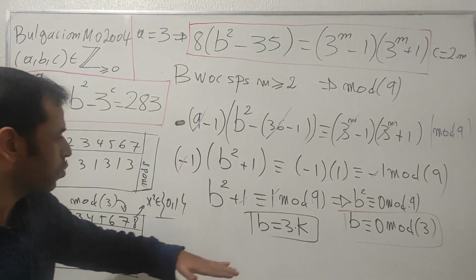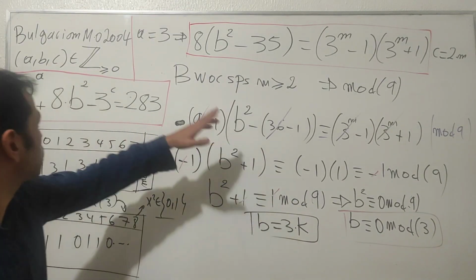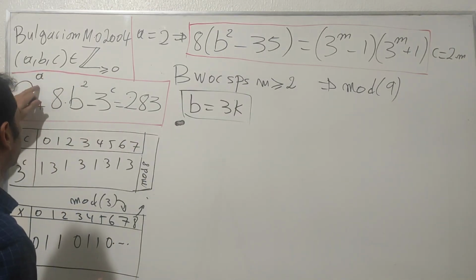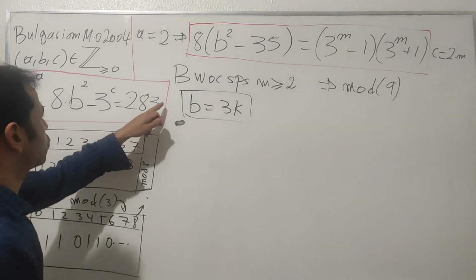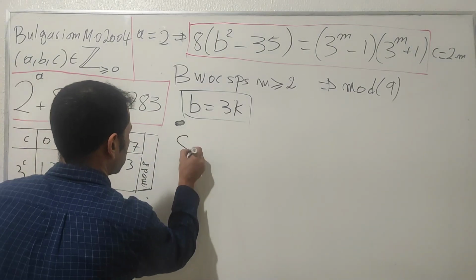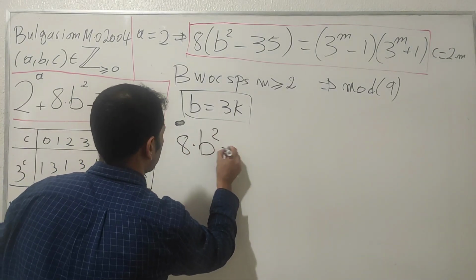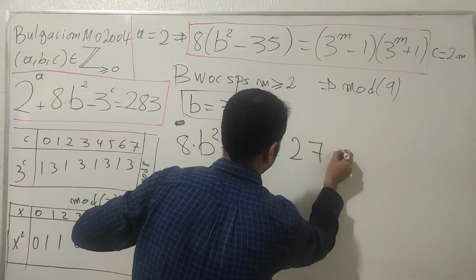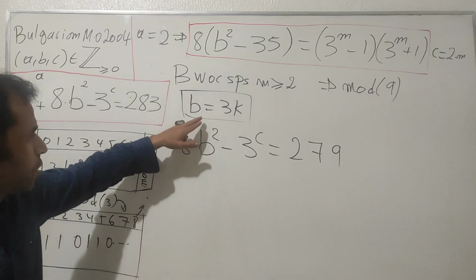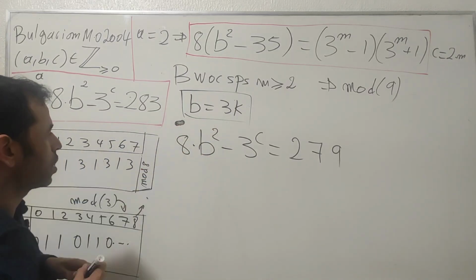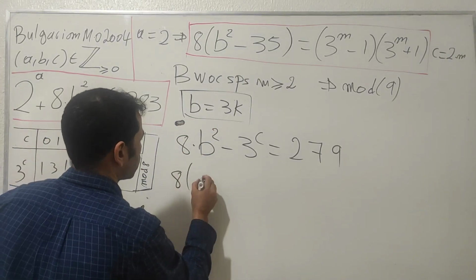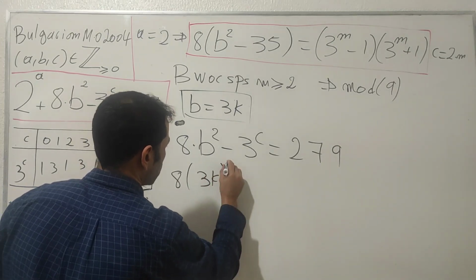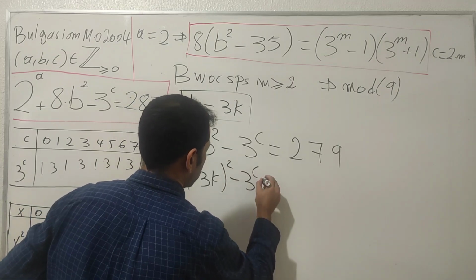The next thing is I'm going to take this value of b and insert it back into the original equation. So I will have the following. This one will be replaced with number 2, I get 4. By moving this number 4 to the right, I get 8 multiplied by b squared minus 3 to the c, which equals 279. Then replacing b, I get 8 factor 3k squared minus 3 to the c.